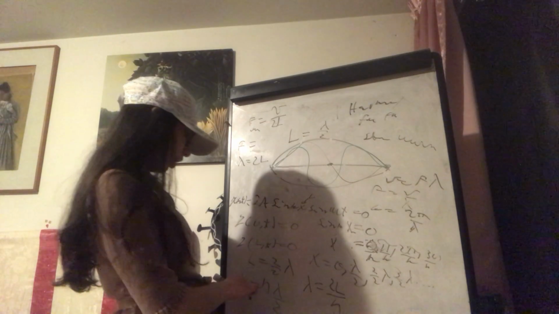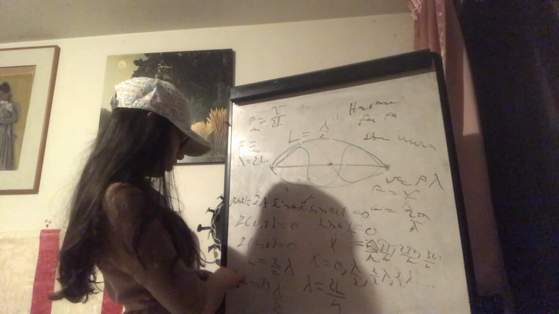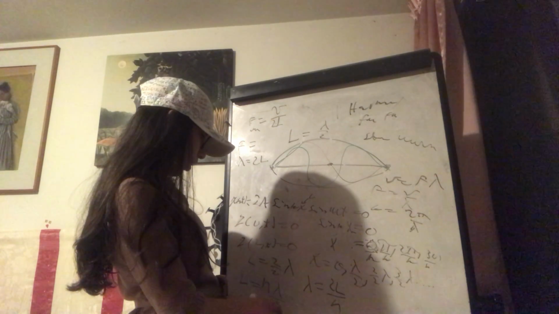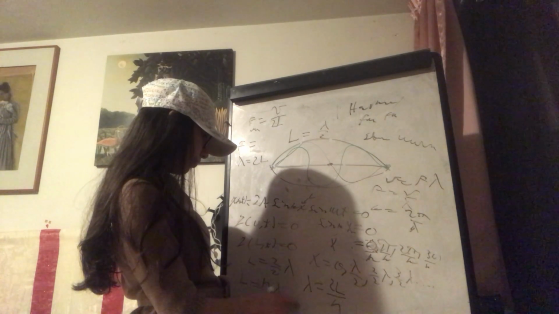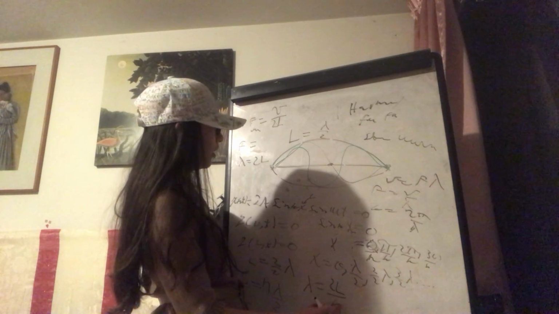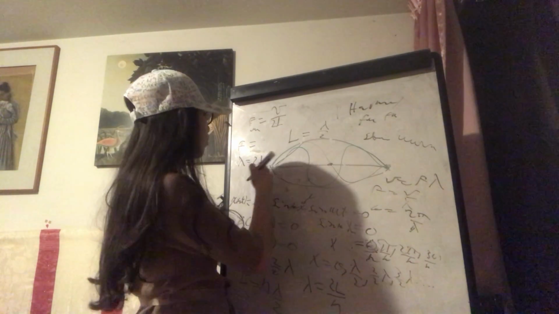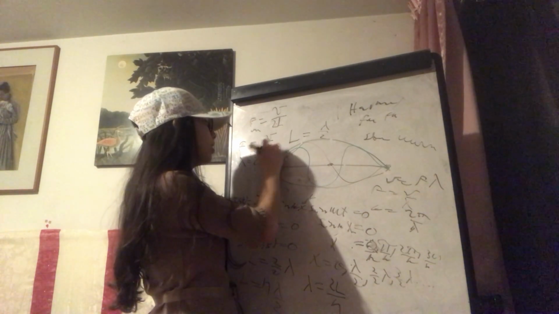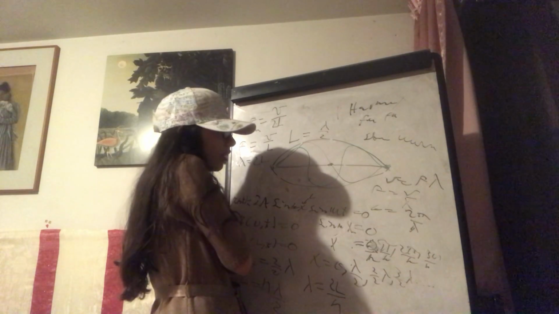So here I have that this is 2 halves of the wavelength. So it's just n equals 2. In this case, lambda is equal to the length of the string.